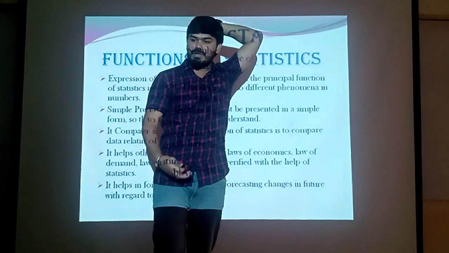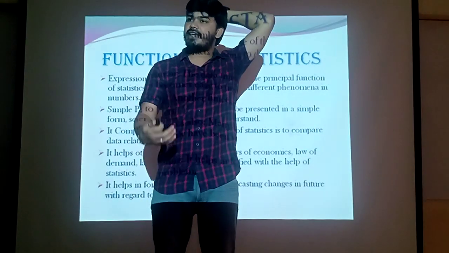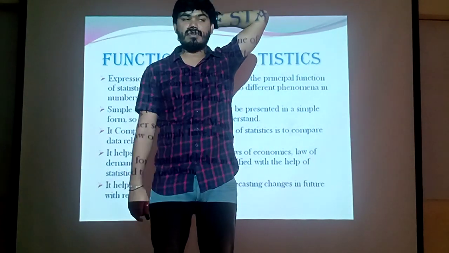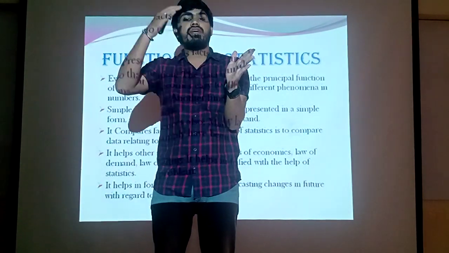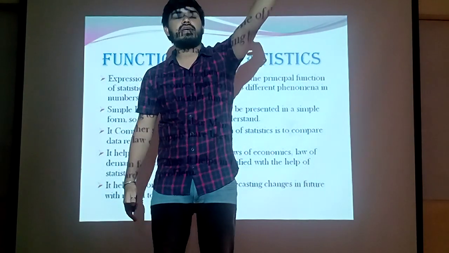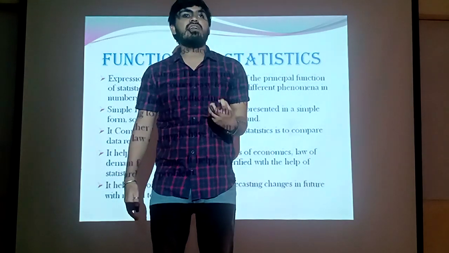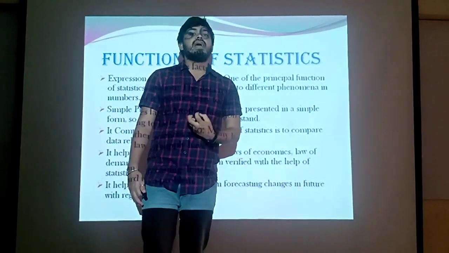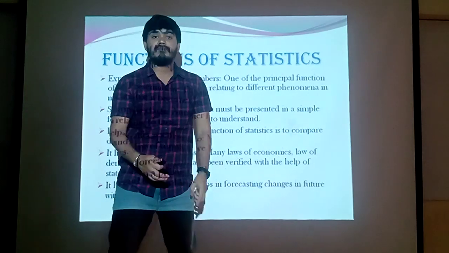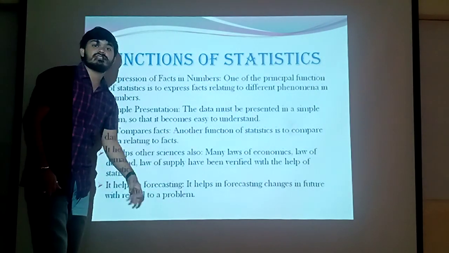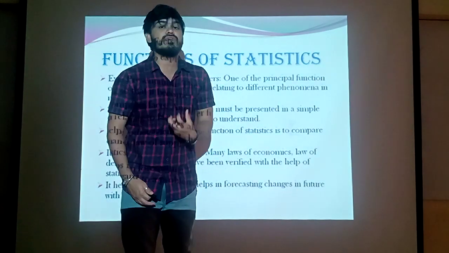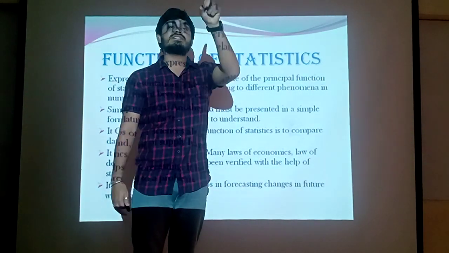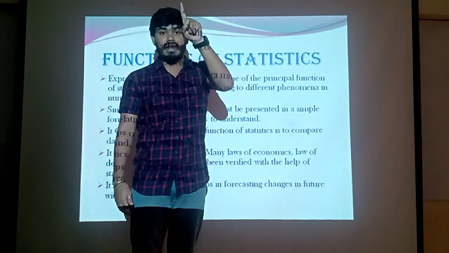For example, today India's GDP may be 3.5%. So with the relevant data, with the research, with the investigation, I can predict that in 2025 India's GDP is 9.7. With the help of statistical data or statistical measures, I can say that in 2025 India's GDP is 9.5, right?